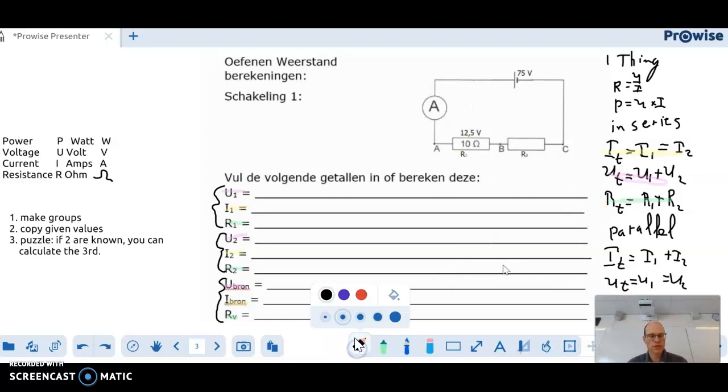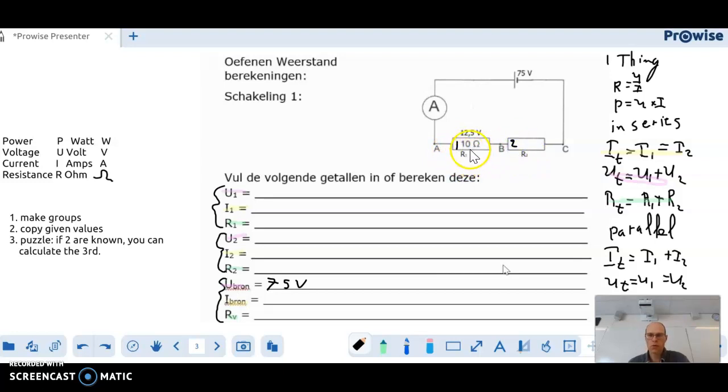Step 2, we need to copy all the known values. So we have 75 over here, and V is the voltage, and this belongs to the source. The battery is the source, so this one is 75 volts. We always need to write down the units. And then over here, we can see R1 and R2. So this is called 1 and this is called 2.